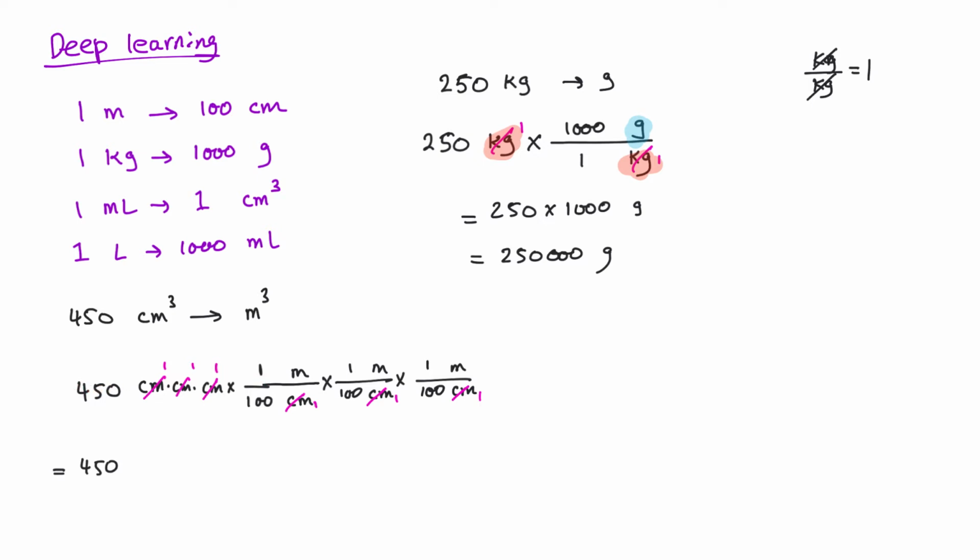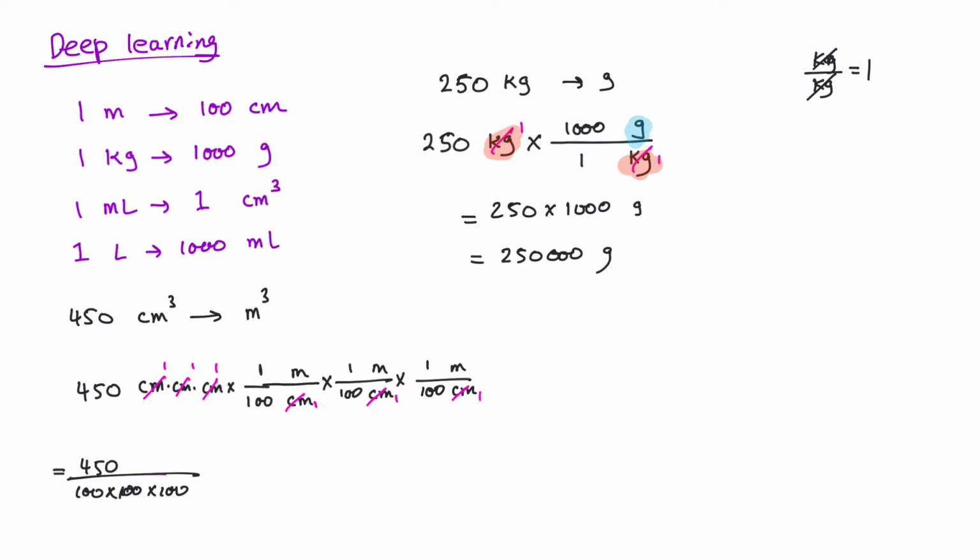So in the numerator, I have 450, and in the denominator, I have nothing here, so it's a 1, times 100, times 100, times 100, times 1, 1, 1. Multiplying by 1 is just the value itself. So in the denominator, I have 100 times 100 times 100.